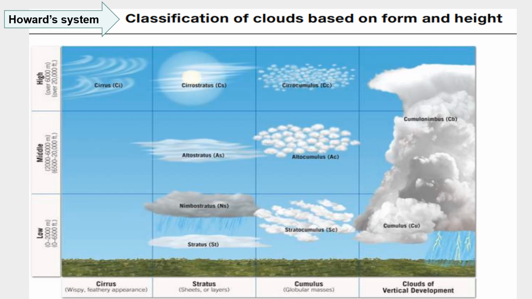This Howard system classifies clouds on two criteria: form and height. In general, this is a summary of the cloud classification, and we're gonna go through them one by one.